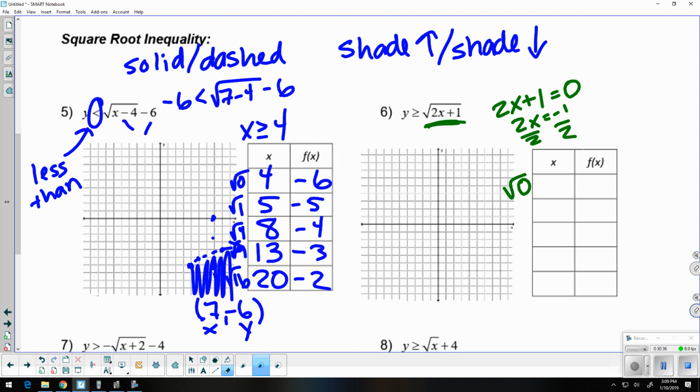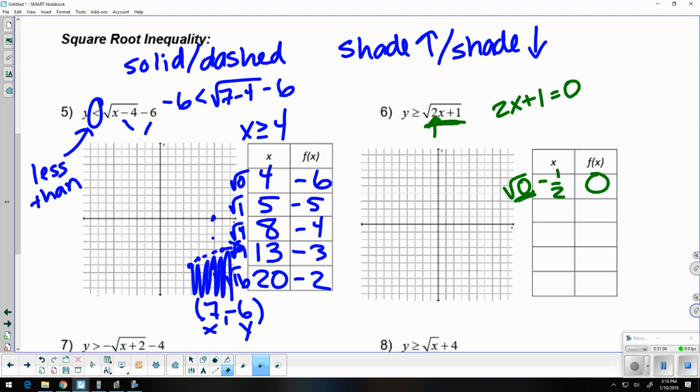We actually have to start at negative 1/2. That's our starting point. If you plug in negative 1/2 for x, you will get the square root of 0 underneath. Square root of 0 is just 0 for my k value. So that has to be your starting point. Again, this only applies when you have a number in front of x like we do here. So if it was 3x plus 1 or 4x plus 1, this is what you'd have to do.